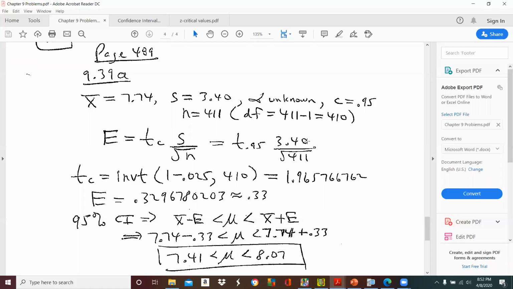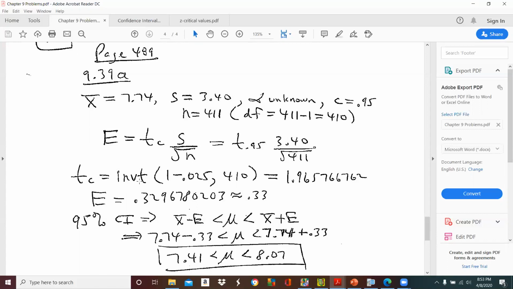Now, S is 3.40, n is 411, so we enter that in here. The degrees of freedom is 411 minus 1, which is 410. For the T critical value, we use inverse T. People with the 83 calculators, you're going to use that program.